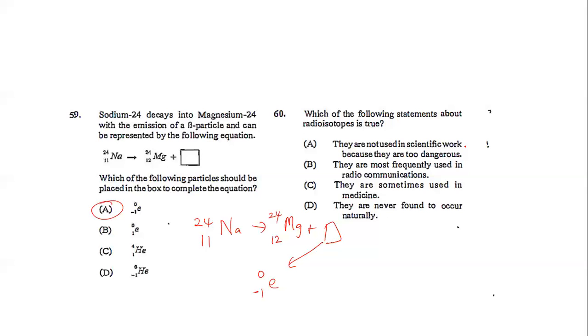Well, we know that that is not true. And I'm seeing a lot of persons are saying D. I'm not so certain why you're saying D. They are never found to occur naturally. Remember that. This is too much of a generalized statement, but the best answer there is going to be C, which is the correct answer, that they're sometimes used in medicine. And that will have been some of the exams that you have to know.